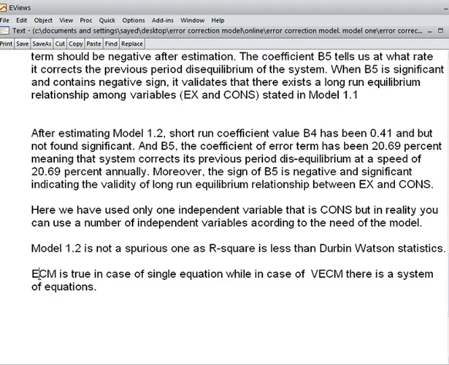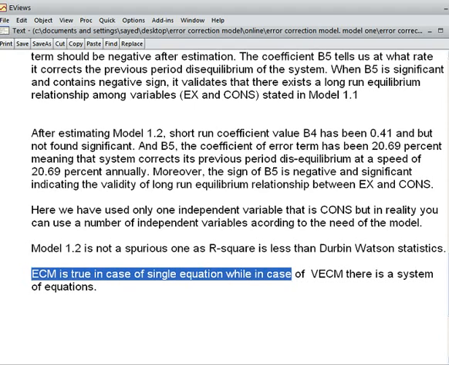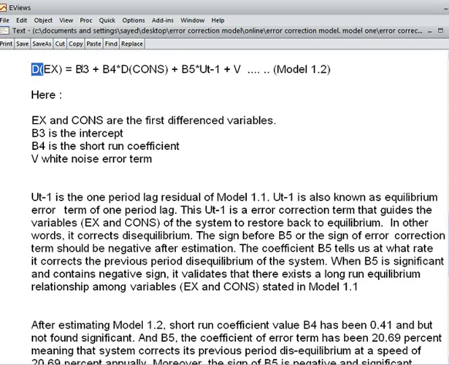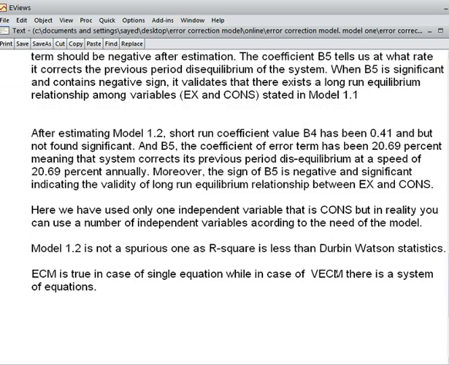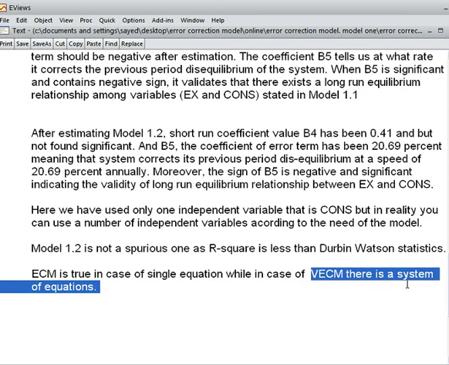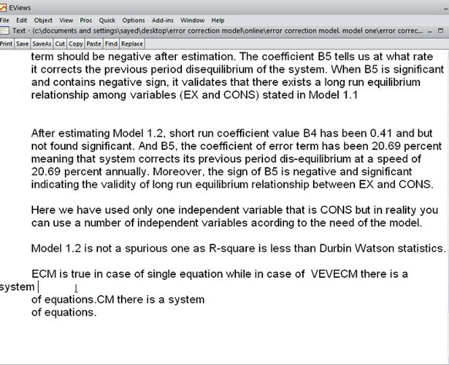I call this model the ECM, error correction model, which applies to a single equation model. But what is VECM? VECM, the vector error correction model, applies when there is a system of equations, meaning many equations that can be solved at a time. We can discuss the VECM model later.